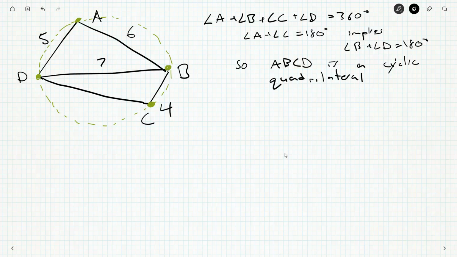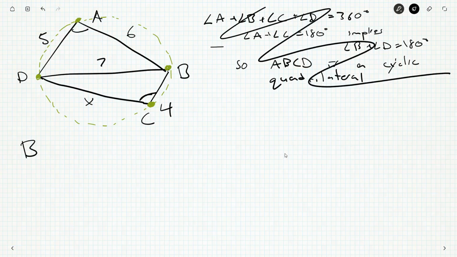So, can't quite think of any properties to work with here. So I've got CD. Cosine law. Wouldn't that? Let's put an X here. So I don't need the cyclic quadrilateral. That was useless. But we've got angle A here. So scrap this. Unnecessary.